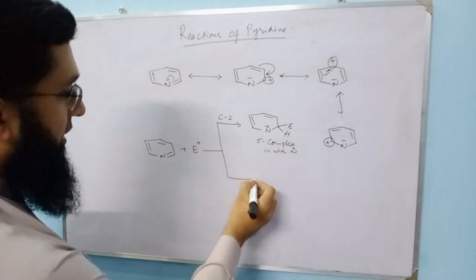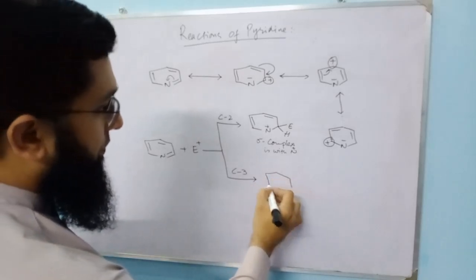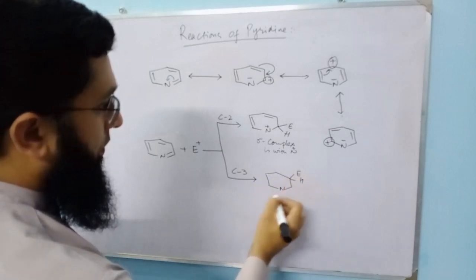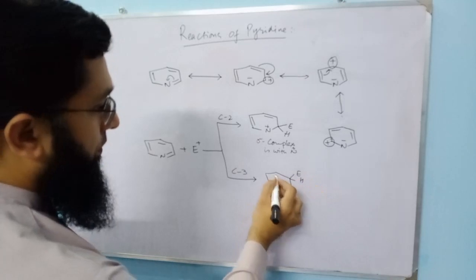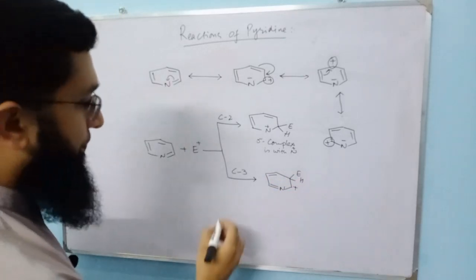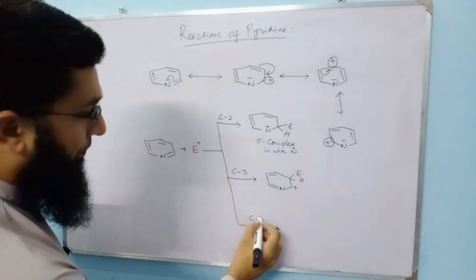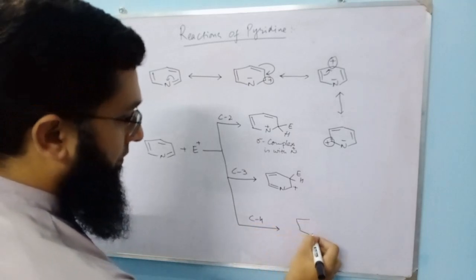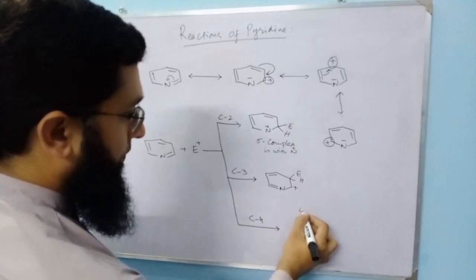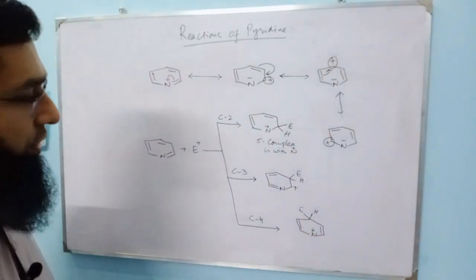If attack is on C3, in this case we will have positive charge on C2, and in case of attack at C4 we will have again positive charge on nitrogen.